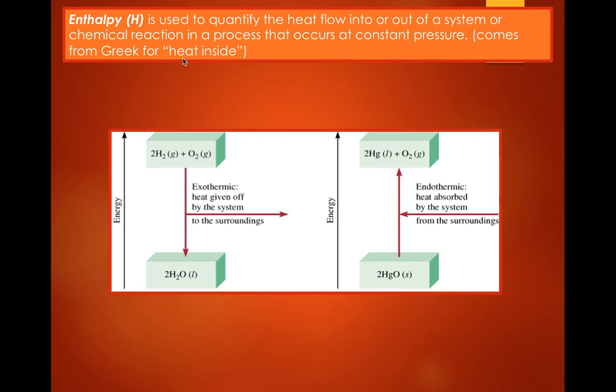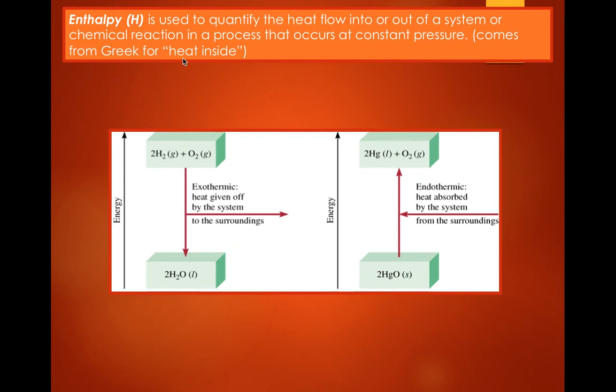Now, if we flip this around and do a different equation, we can look at mercury plus oxygen gas. For the second one, we want to start where the arrow is. In this one, we have to put energy into the system, so heat is absorbed by the system.